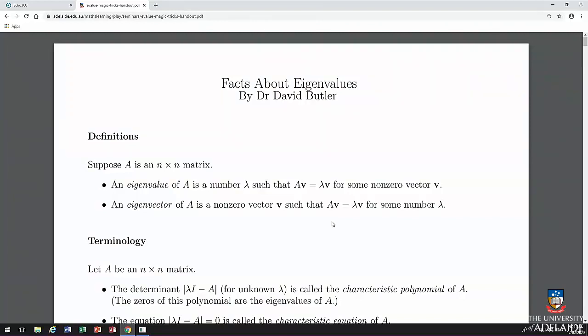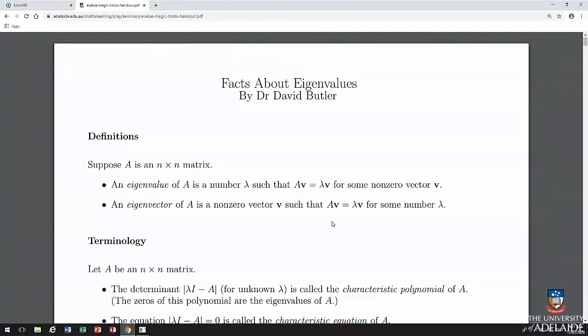If you've got an n by n matrix A, it has to be a square matrix, an eigenvalue of A is a number lambda such that Av equals lambda v for some non-zero vector v. So if you can find a vector such that multiplying the matrix by that vector gives you the same answer as multiplying a number by that vector, that number is called an eigenvalue. It doesn't count if v is 0, because A times 0 is 7 times 0, and 15 times 0, and minus 7,000 times 0, and a third times 0, and pi times 0.